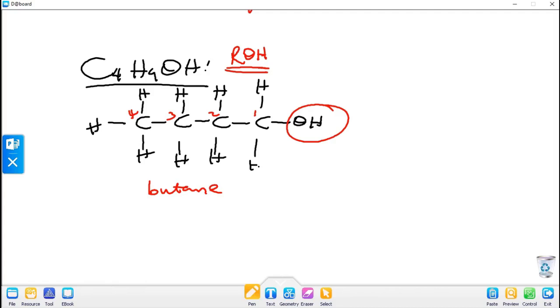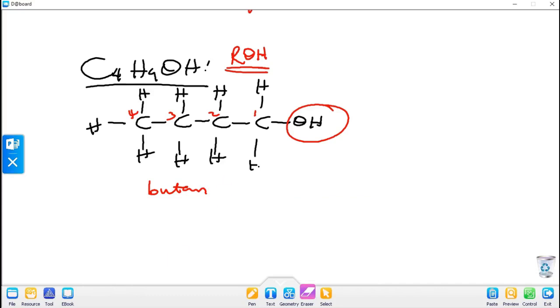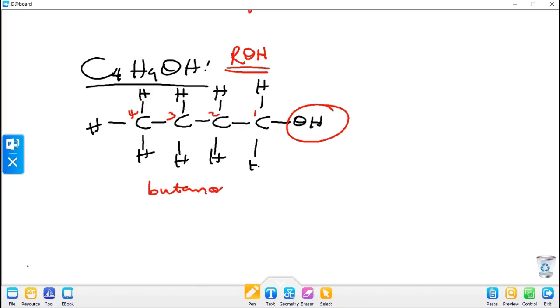And to change that, the last E will be replaced by ol. The last E in butane will be replaced by ol. So this becomes butanol. If you don't want to say butanol, we can say butan-1-ol.